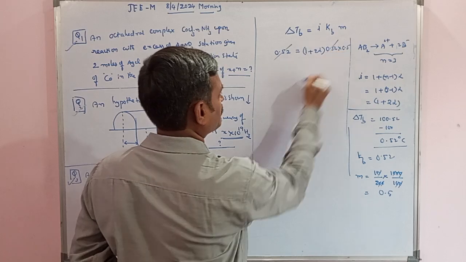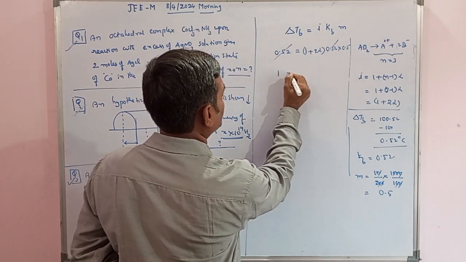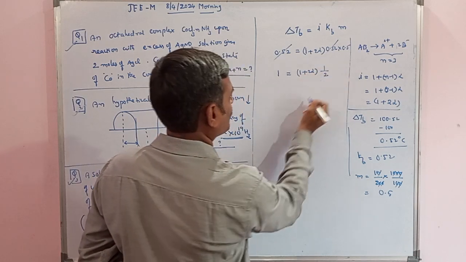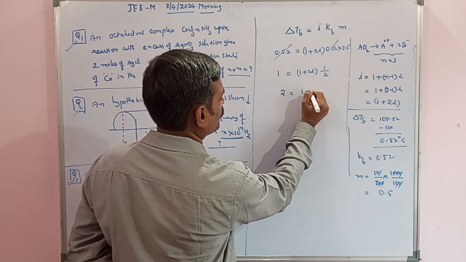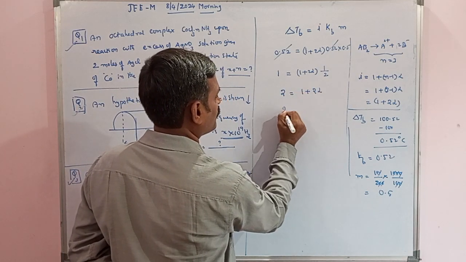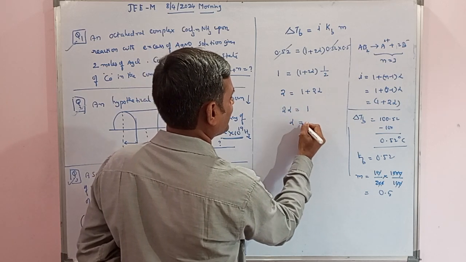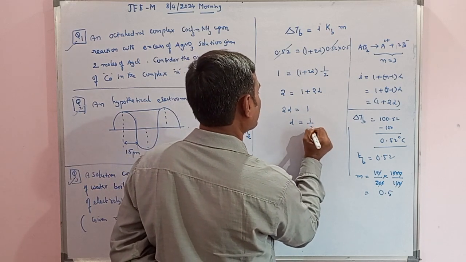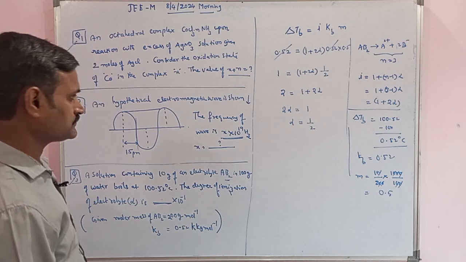So 0.5 and 0.52 cancel, and it becomes 1 equals 1 plus 2 alpha into 0.5. You can write it as 1 by 2, so it goes to this side. Then 2 equals 1 plus 2 alpha. So 2 alpha equals 1, and alpha equals 1 by 2.